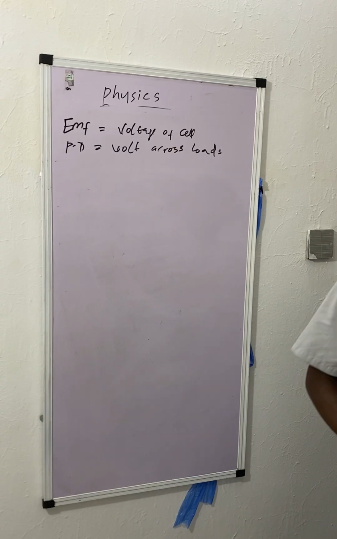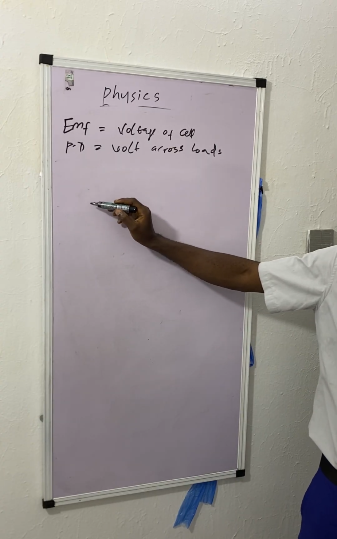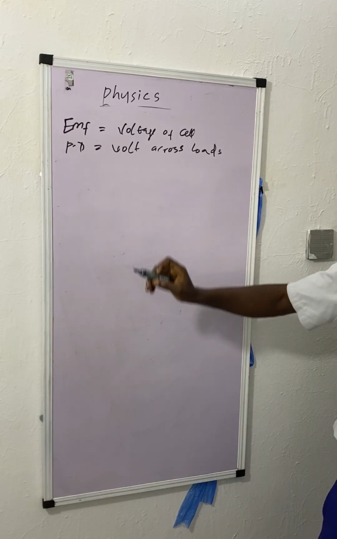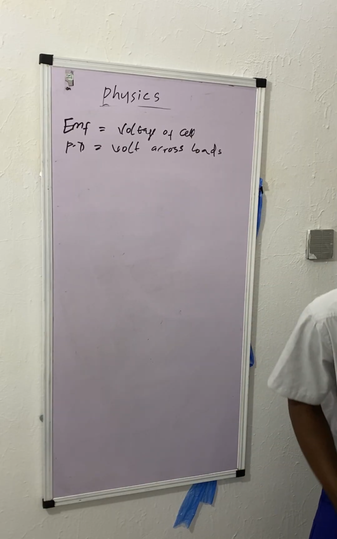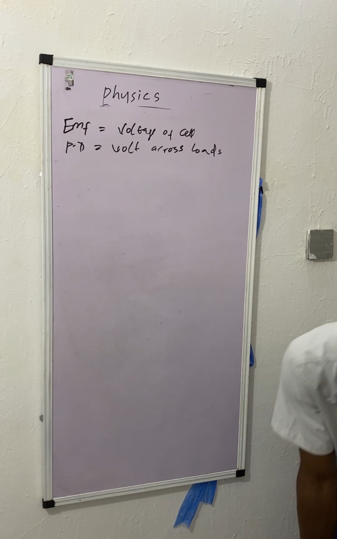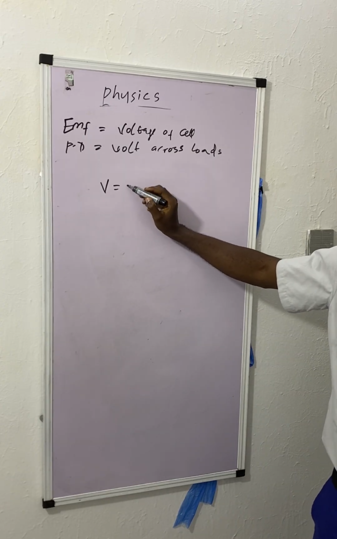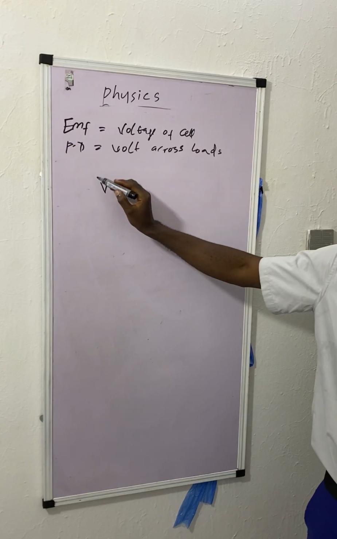Ohm's law states that the amount of current passing through a metallic conductor is directly proportional to the voltage, provided that the temperature remains constant. It states that V is equal to IR.